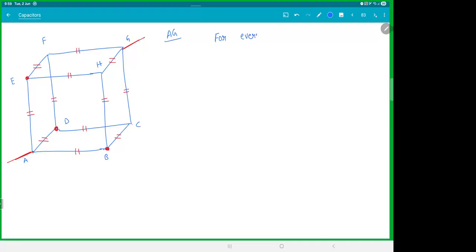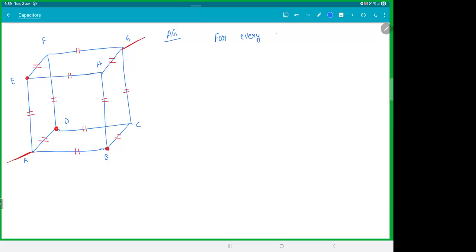The simple way to see this is when you're going from A to G, look at the number of capacitors you have to jump. Going from A to G through B, you go from A to B, B to C, C to G. You jumped three capacitors. A to D, D to F, F to G, three capacitors. A to E, E to H, H to G, three capacitors. So for every path that you take through B, I can give a similar path through D and E.